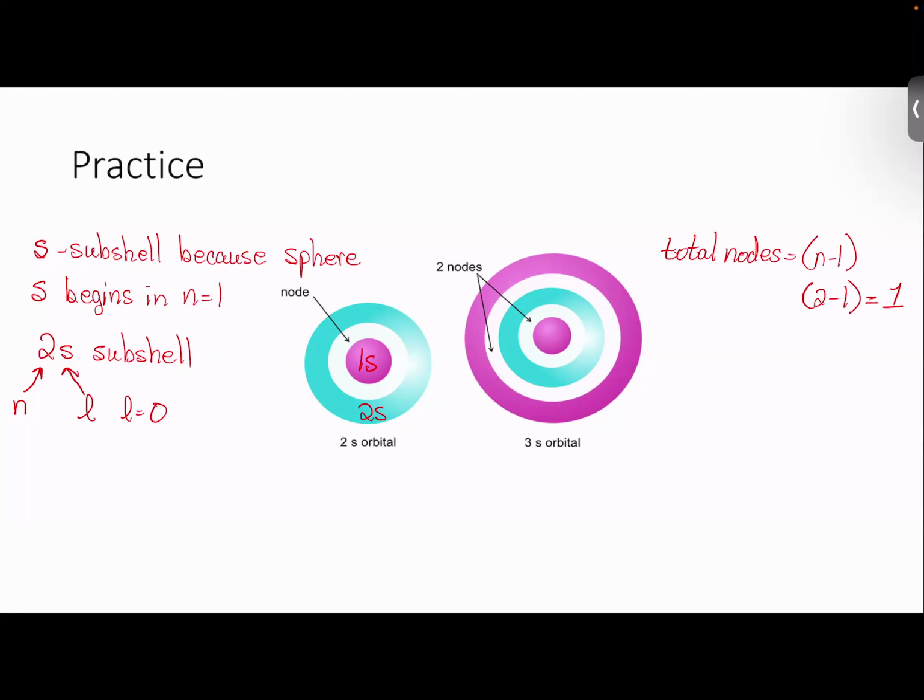There is one node. Your angular nodes equals L. Well, L is equal to 0, therefore your angular nodes is 0.